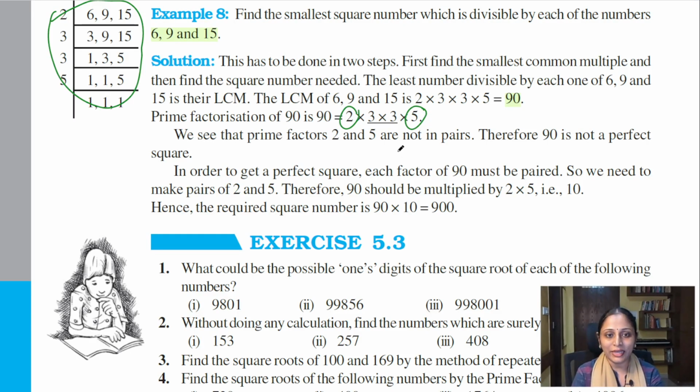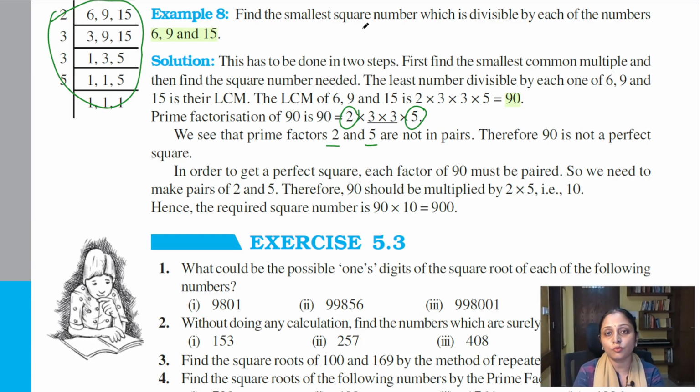If I take these off, I will no more have a multiple of 6, 9, 15. I can only make it a bigger number by multiplying with unpaired prime factors. So I'm going to multiply it with 2 and 5, and that will make it a perfect square. Not just any perfect square, it is the smallest perfect square that is divisible by each of these numbers.